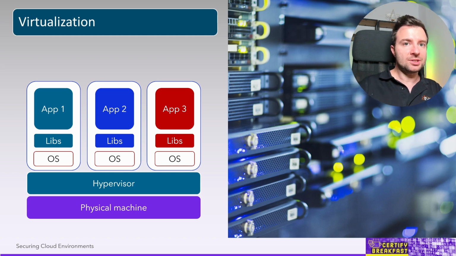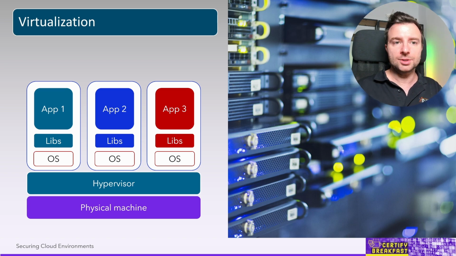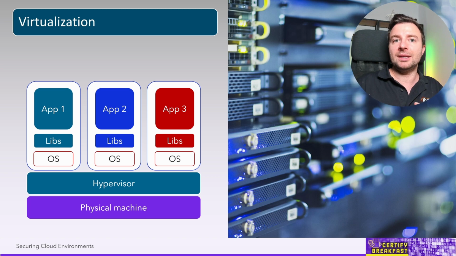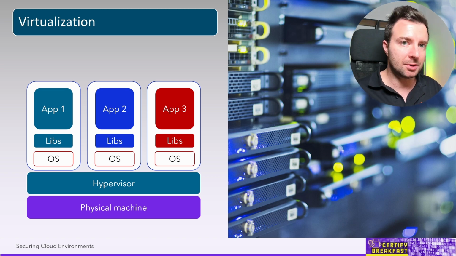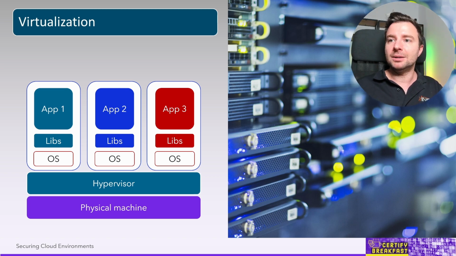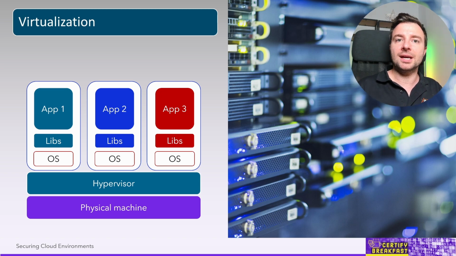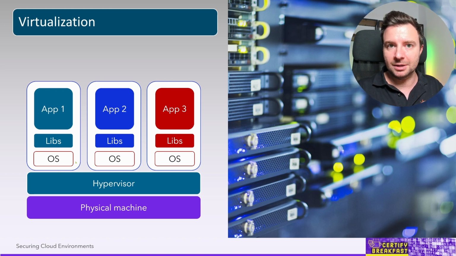Of course, those virtual machines are not going to be able to consume more resources than are physically available on the physical machine, but you can do some oversubscription in here, assuming that you will never encounter a situation where all the virtual machines are going to be burning at 100% at the same time. Now, on top of the hypervisor, since this is the resource that makes available these sliced resources, we can instantiate our virtual machines. Now, a virtual machine is nothing else than an isolated environment that runs a dedicated operating system.